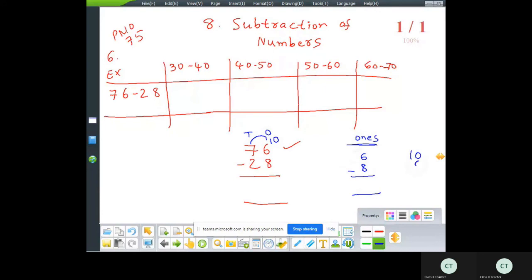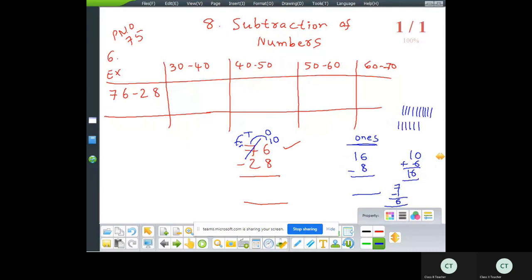10 plus 6 is 16. Yes, it is 16. From 7 tens we took 1 ten as borrow. 7 minus 1 is 6. Now subtraction on 1. 16 minus 8. 1, 2, 3, 4, 5, 6, 7, 8, 9, 10, 11, 12, 13, 14, 15, 16.